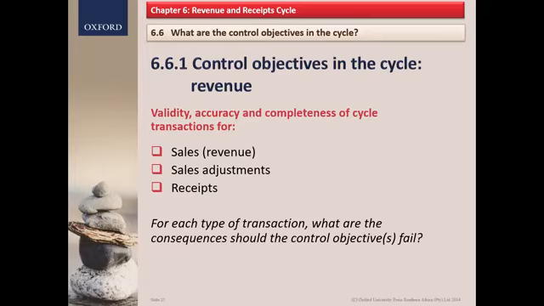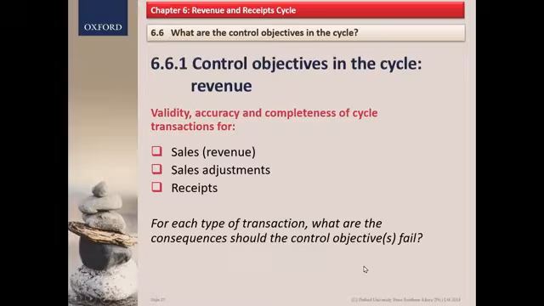The control objectives in the cycle with regard to revenue concern the validity, accuracy, and completeness of the cycle transactions: sales, that is revenue, sales adjustments, and receipts. Sales adjustments include your sales returns, the discounts you allow, goods returned by customers, and also the receipts.